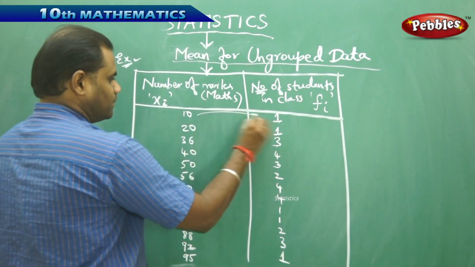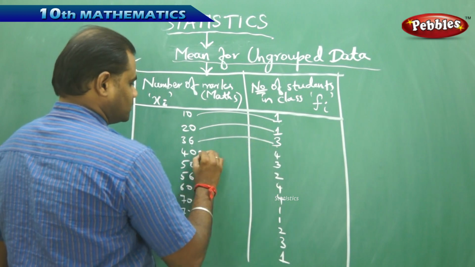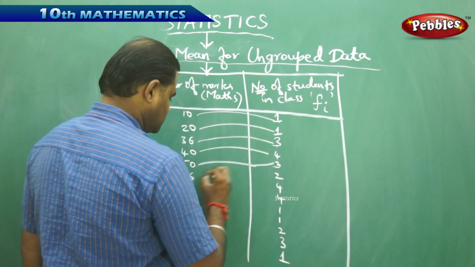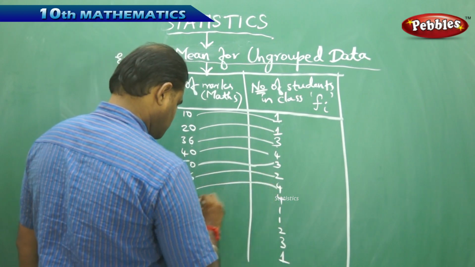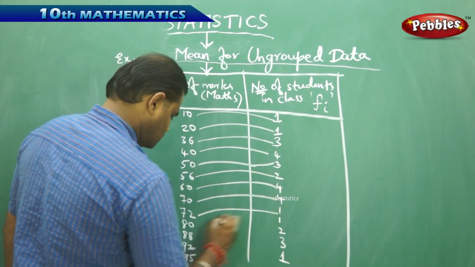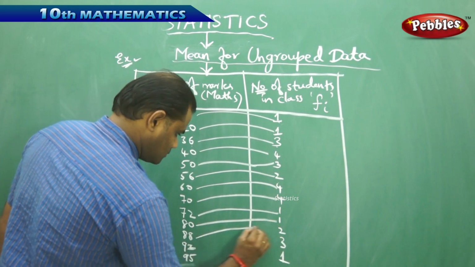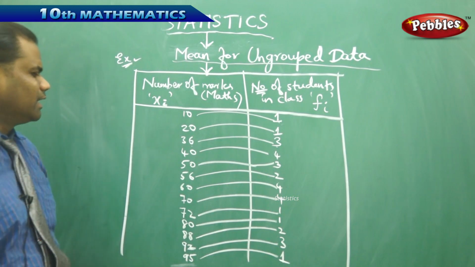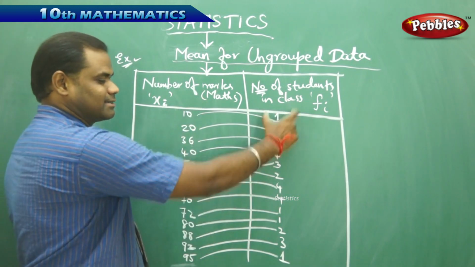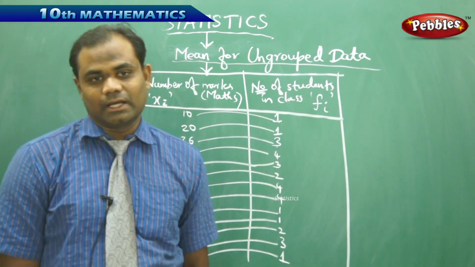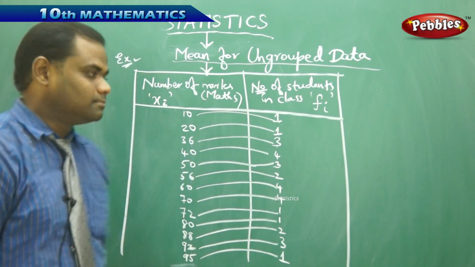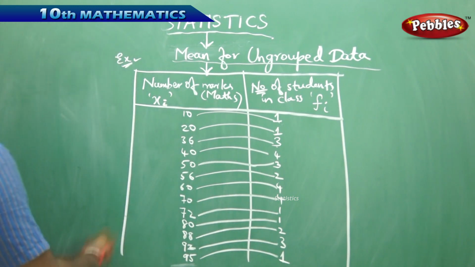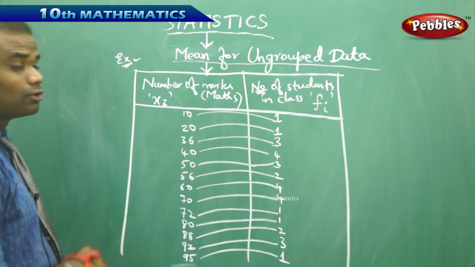So each of them has been respectively identified with the frequency, where students got 40, 50, 56, 60, 70, 72, 80, 88, 92, and 95 marks. Now let's see how we can calculate the mean of the ungrouped data.